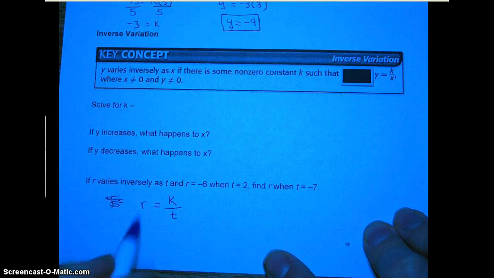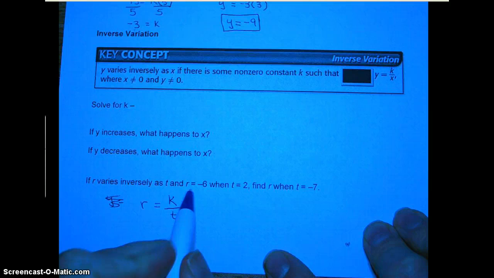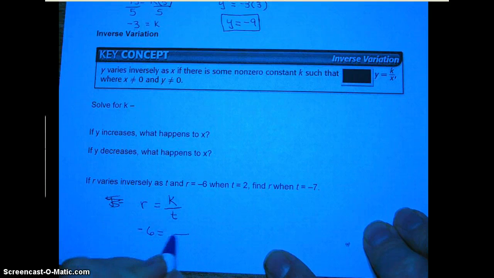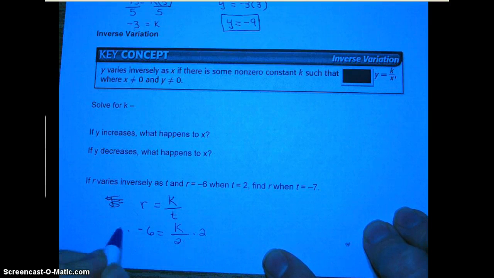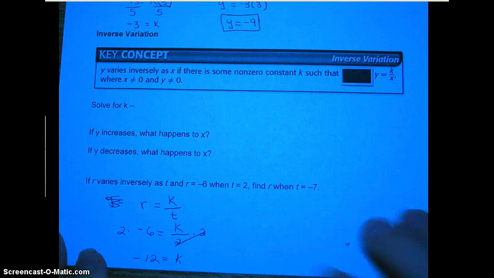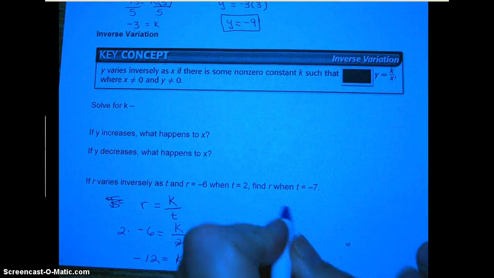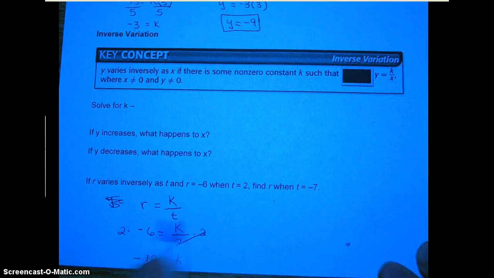Plugging in the numbers they give us, r is equal to -6 and t is equal to 2. We want to solve for k. So we're going to multiply both sides by 2. So k equals -12. Now that we know the constant of variation, we plug it into our equation.